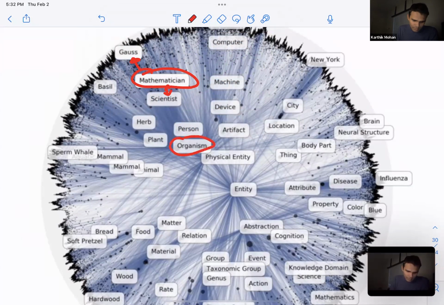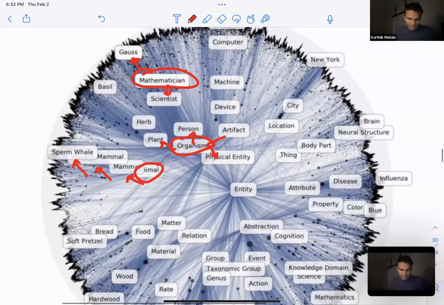Let's look at organism. Plant is a type of organism. Person is a type of organism. Physical entity is connected to this. This is also interesting: animal, mammal, a specific kind of mammal, and then a sperm whale. So there's a hierarchy, right? So a lot of data has hierarchy.